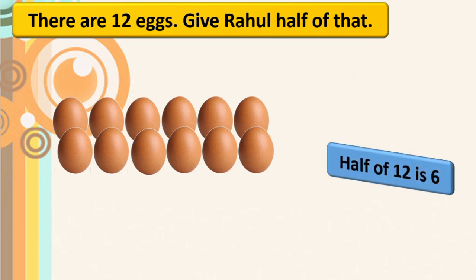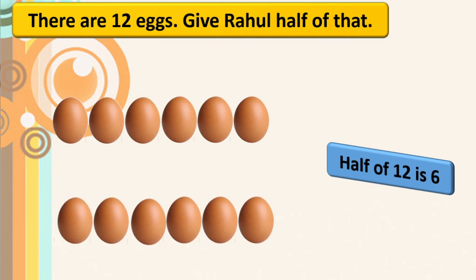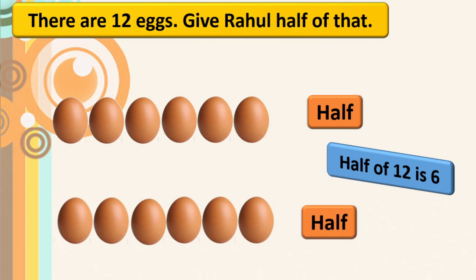Here we know that half of 12 is 6, isn't it? 6 twos are 12. Correct? So half of 12 is 6. So these 6 we will give to Rahul. This is nothing but half of 12 and this is also half of 12. Same portion.